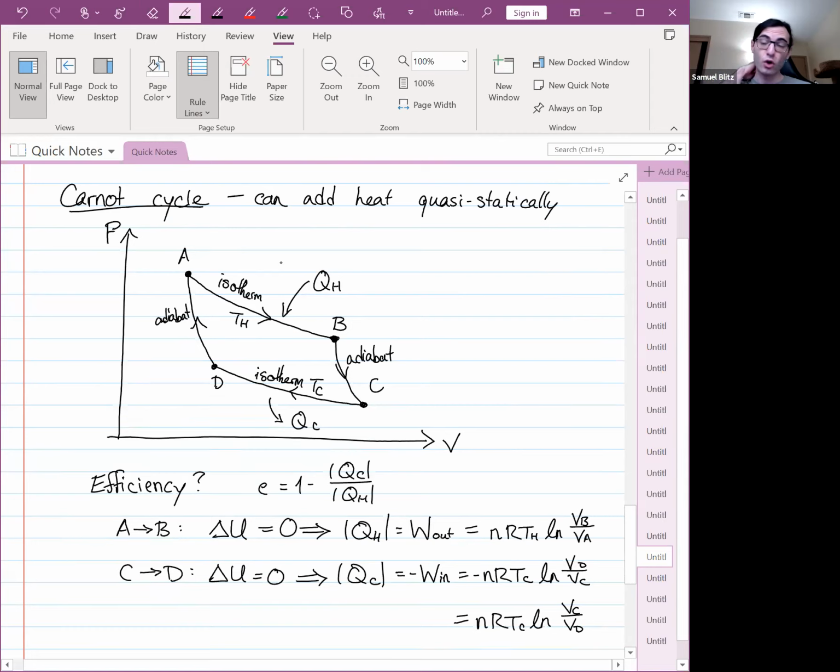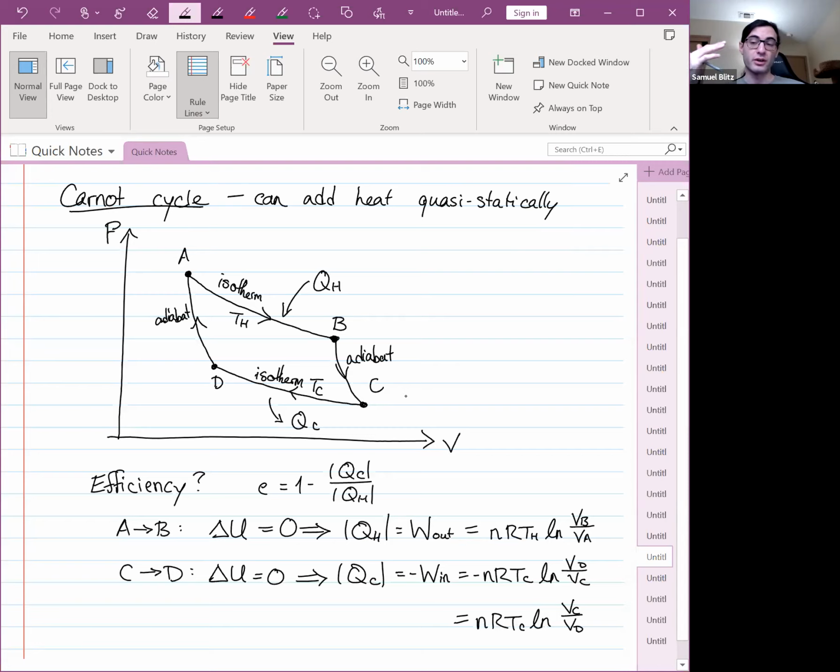Similarly, the heat reservoir that takes care of the cold isotherm has to be infinitesimally lower in temperature than the gas during this part of your cycle. And so the smaller the temperature difference between your reservoir and your gas, the slower the heat flow. So if you want fast heat flow, you have to have a larger temperature difference. And that means that you'll have to be more irreversible.